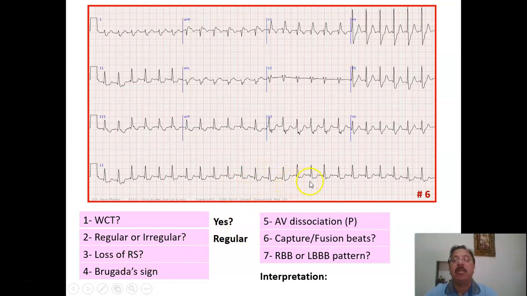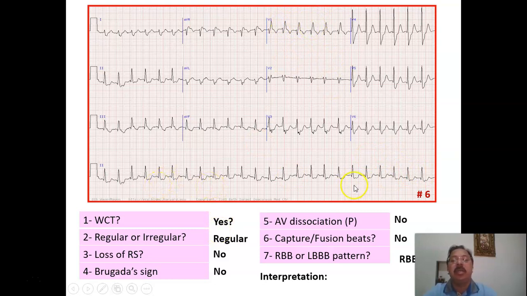Loss of RS? No. Brugada sign? No. Any atrioventricular dissociation, capture beats, fusion beats? No. And bundle branch block morphology, it's a right bundle branch block. So this is a regular narrow complex tachycardia, or maybe wide complex tachycardia, with the right bundle branch block.